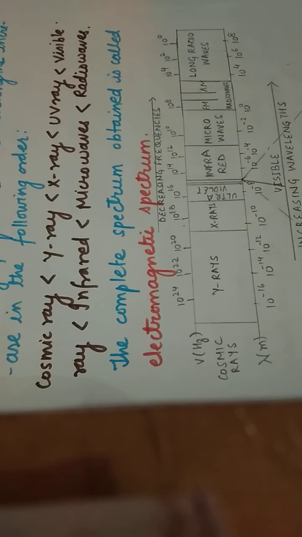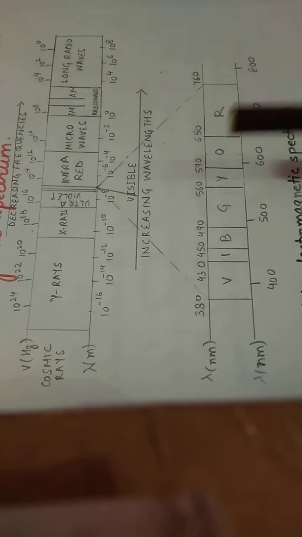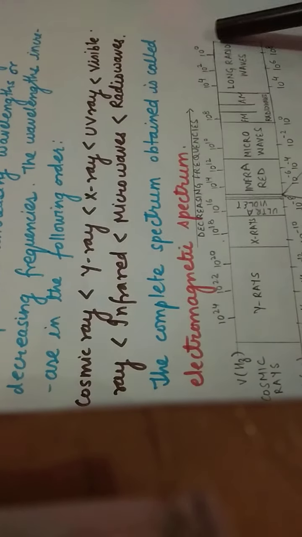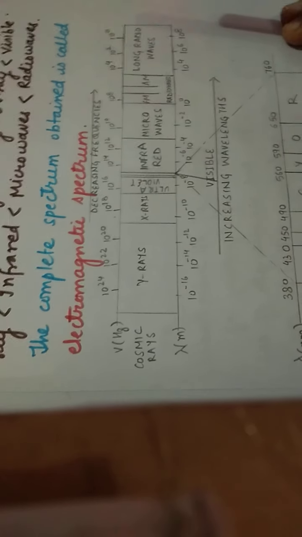So in the visible region these 7 colors are seen corresponding to different wavelengths. So that is all what is shown here. So children, this is the complete electromagnetic spectrum which is shown here. And children, this is the spectrum of the visible region which you can see.